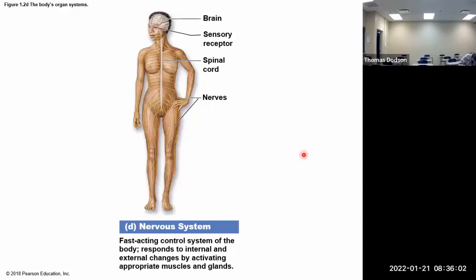So this is one of those systems that connects the whole body to the rest of the body. It's not the only one that does that, though. And it can move fairly fast. There is some limit, though, because signals going through the nervous system do have some limitations on the speed.